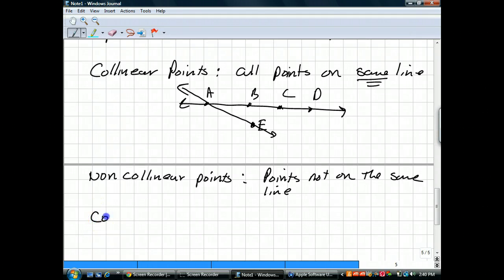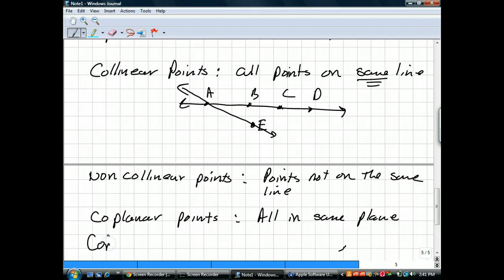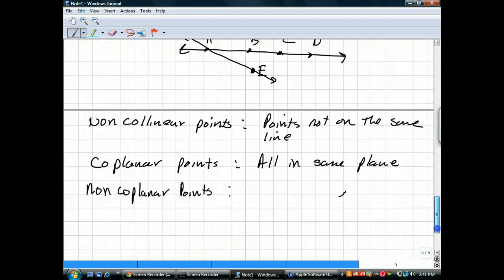Then we have what we call coplanar points, and those are points all in the same plane. And non-coplanar points are points that are not all on the same plane.